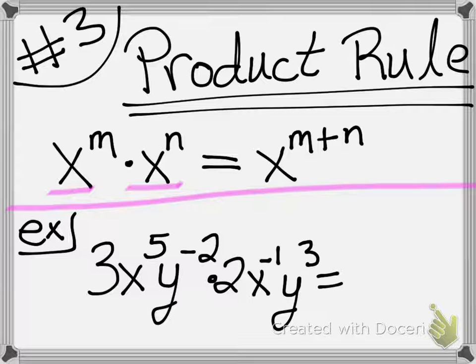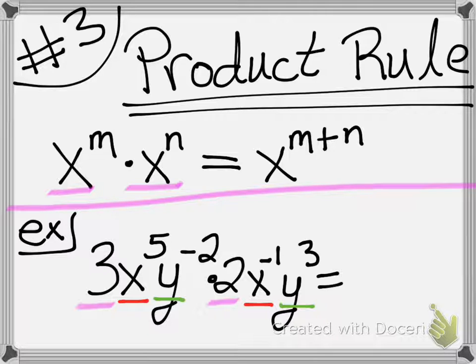So when you look at this, break it apart into sections. So we have coefficients here. We have x variables, and we have y variables. So that means I'm going to split this problem into 3 parts.